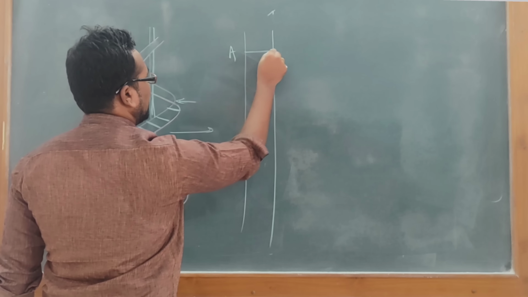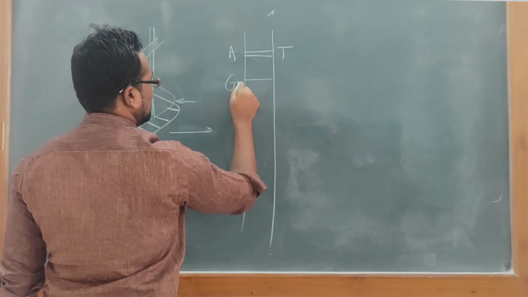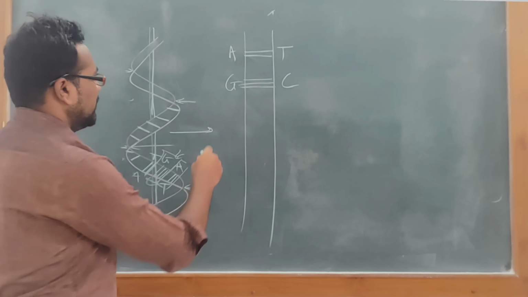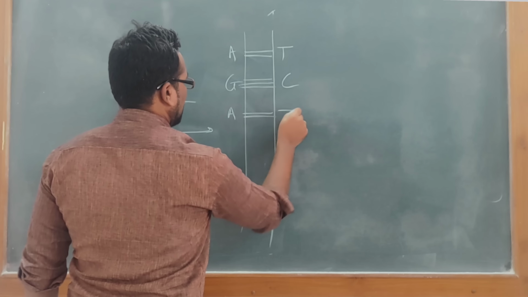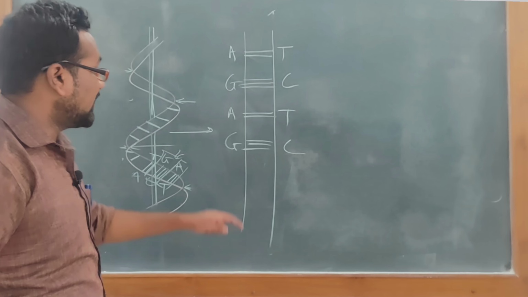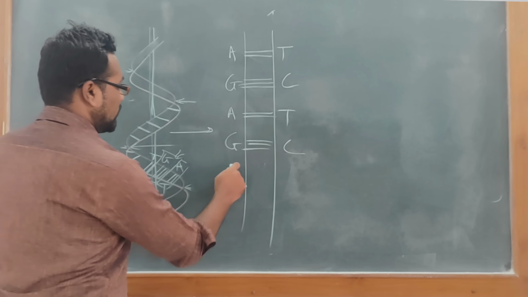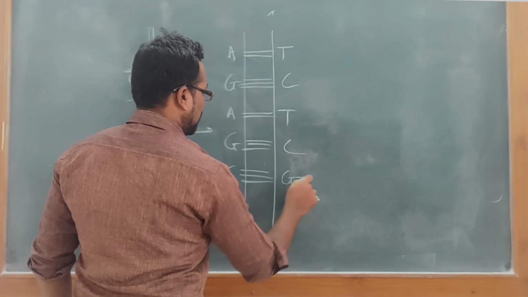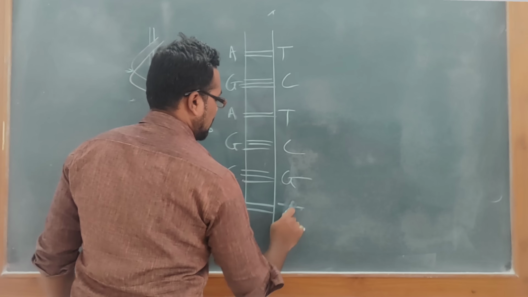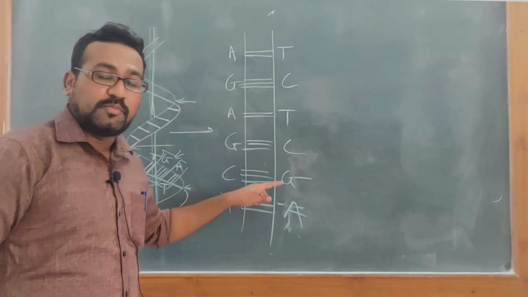If this side it is A, opposite side it should be T. If this side contains G, opposite side should contain C. Okay, that is fine. It is not compulsory that after A there should be G. It can be anything. So here you can draw C, here you can draw G, here you can draw T. Sorry. So you have this open DNA, which is ladder form of DNA.